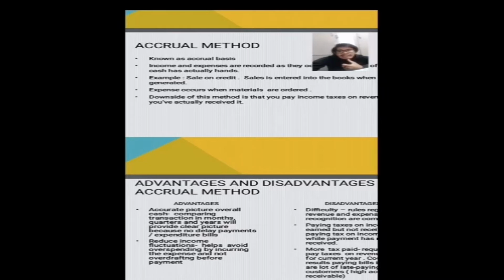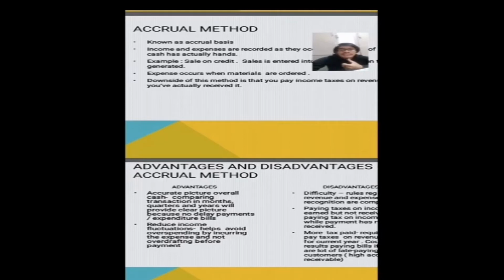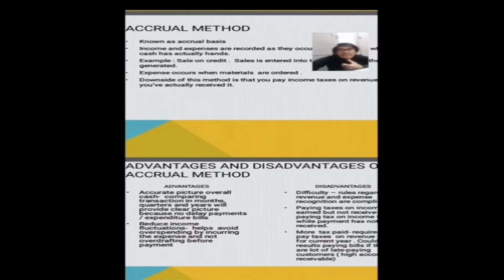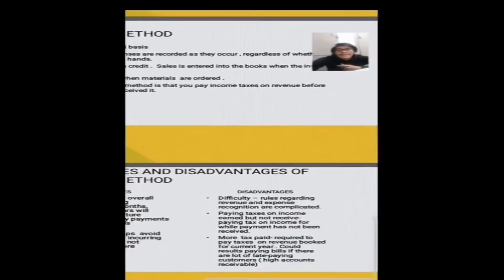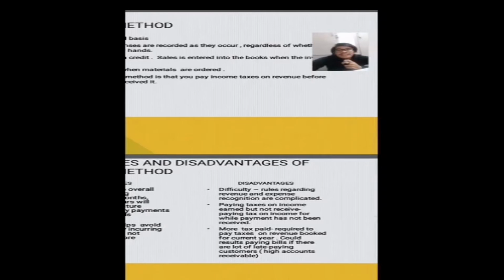The next advantage is reduced income fluctuation. In the accrual method, it helps avoid overspending by incurring the expense and not overdrafting before the payment. So every purchase must pay the tax. For the disadvantage, it is difficulty. The rules regarding revenue and expense recognition are very complicated.